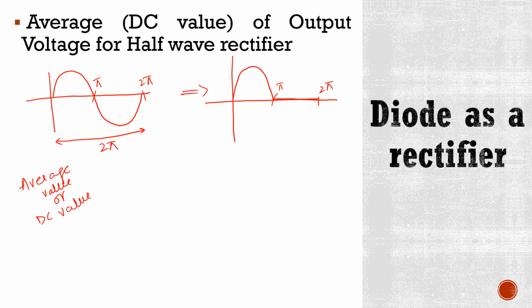For finding this average value, first we find the area under the curve and then divide it by 2 pi. After finding the area under the curve and dividing it by 2 pi, the final formula is Vp divided by pi, where Vp is the peak voltage.